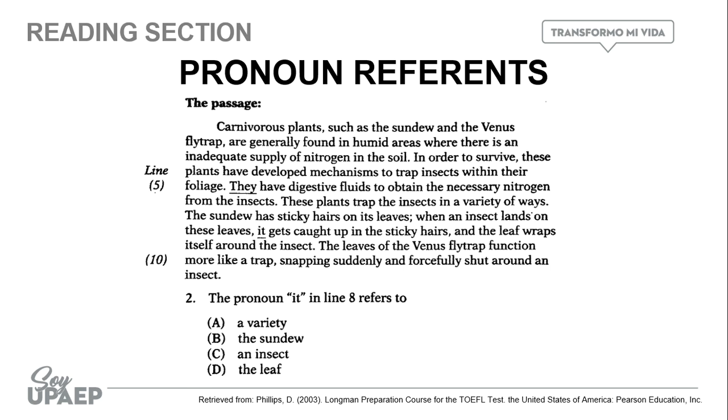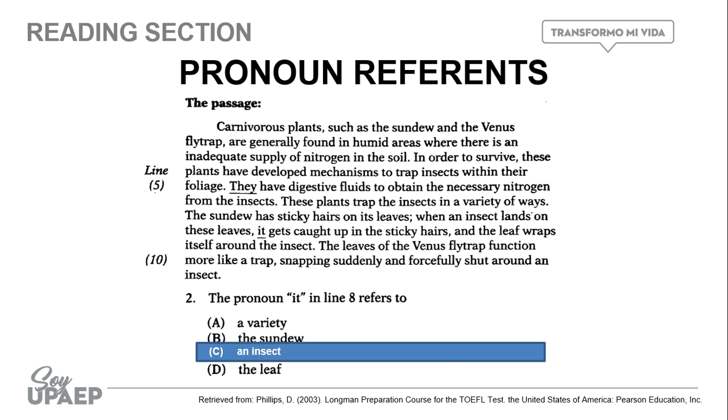So it is important that we identify what the pronoun it refers to. So for example, in this case, the pronoun it refers to an insect, right? Because it says it gets caught up. What gets caught up? The insect, okay?